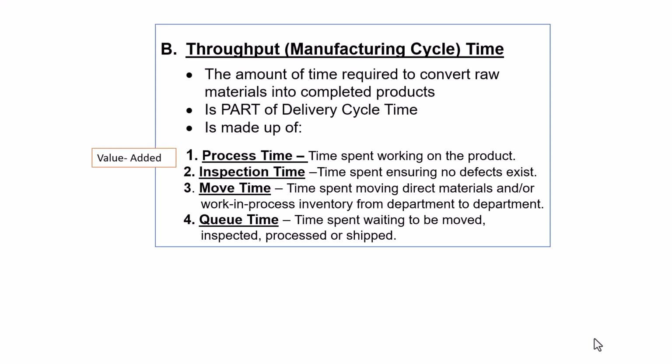That is, it adds value that customers are willing to pay for. The inspection time, move time, and queue time, while they may be necessary, don't add value to the product. So these are some areas that industrial engineers or supply chain professionals can focus on to improve efficiency.